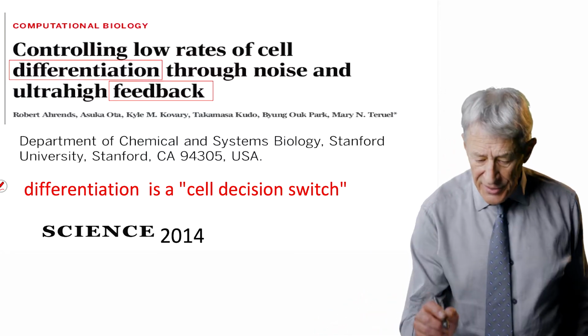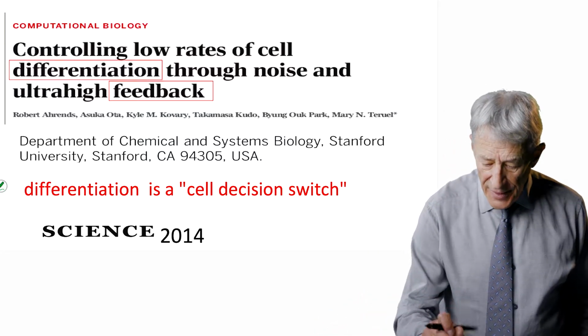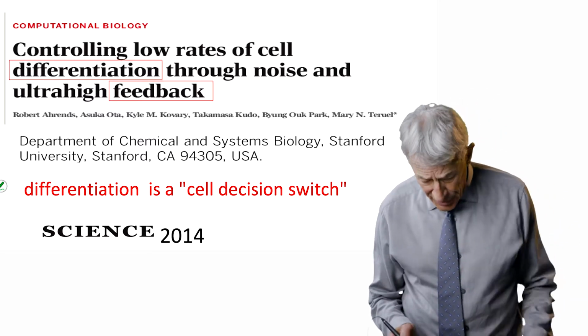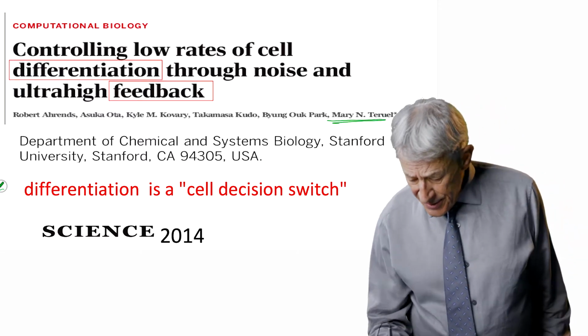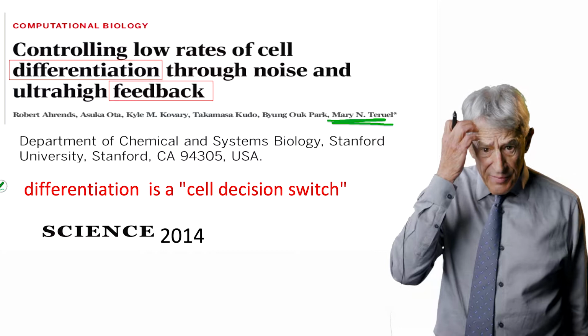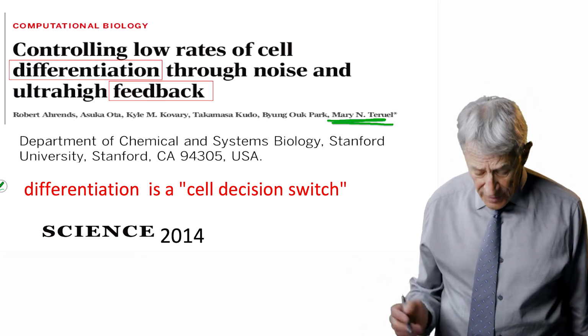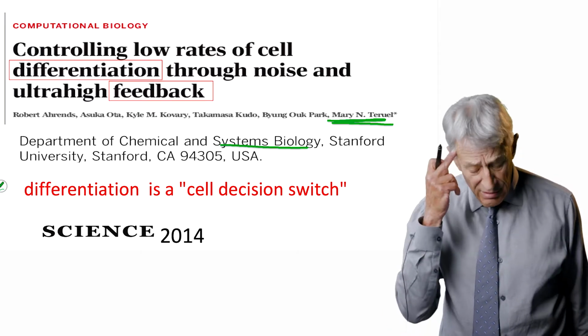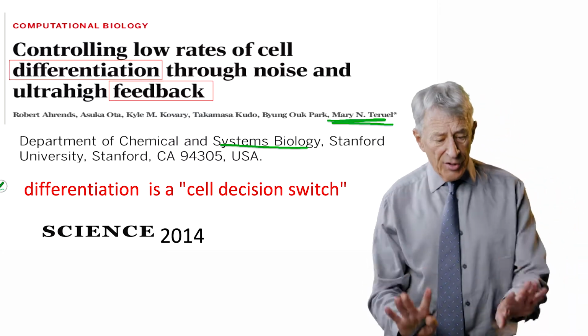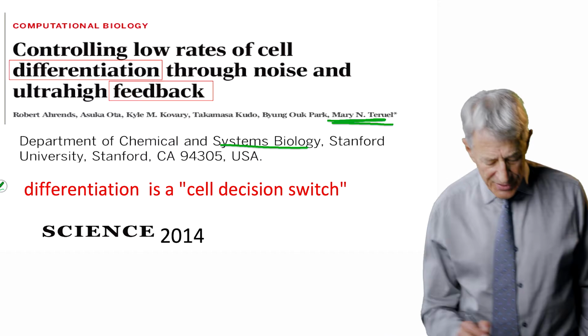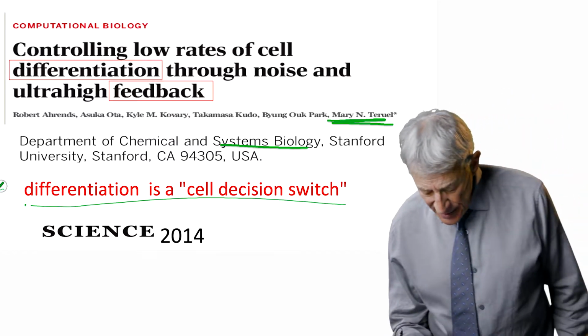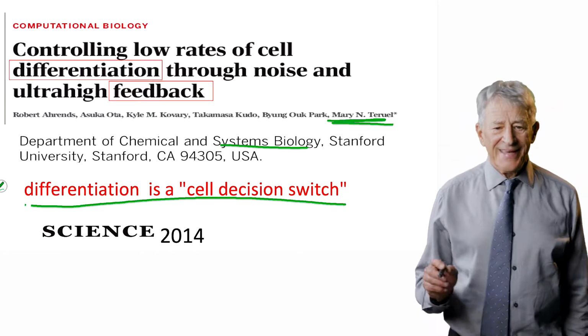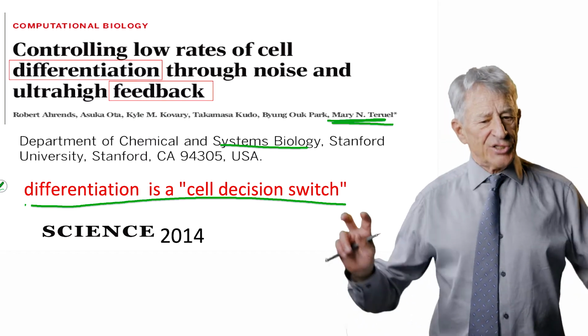And in a very interesting paper that was in Science about 5 years ago, Mary Teruel, a professor at Stanford in the very interesting Department of Chemical and Systems Biology, demonstrates, as she says, that differentiation is a cell decision switch.